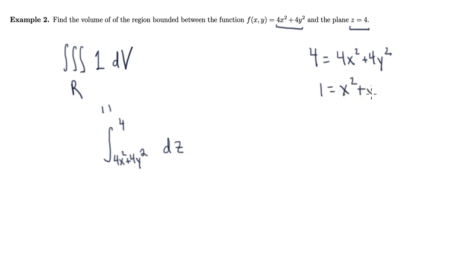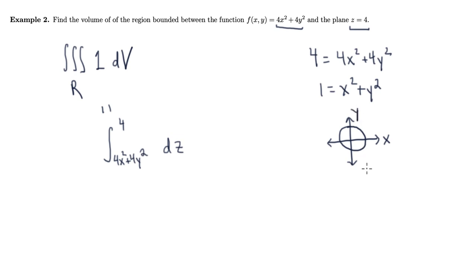So actually, the domain of x and y, where I'm fixing an x and y here, is just the unit circle, like this. So somehow the projection of this region down onto the xy plane really is just the unit circle.